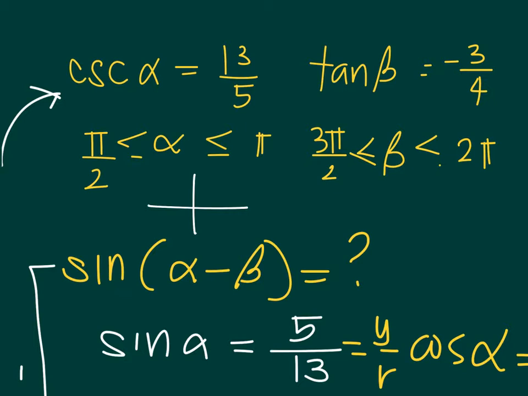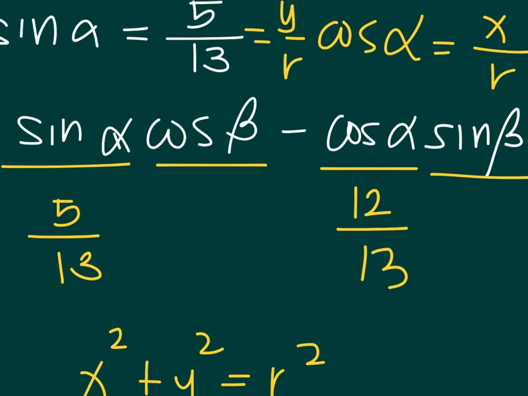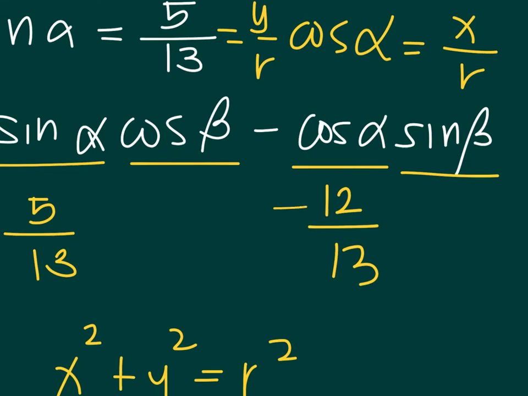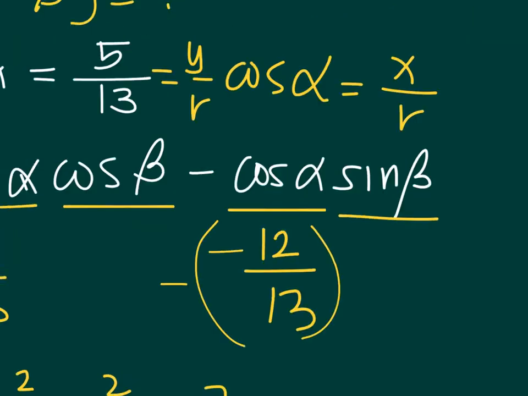So in which quadrant is our alpha? Second. In the second quadrant, cosine is negative. So once we put the number, we have to take note that this number must be negative. That's the use of the additional information. The sine we don't need to check because cosecant is already positive, so sine is automatically positive.